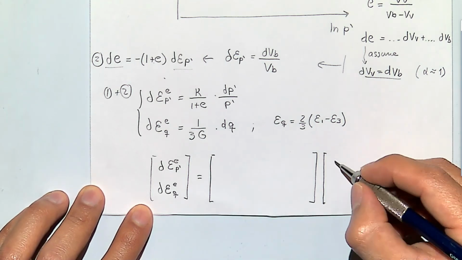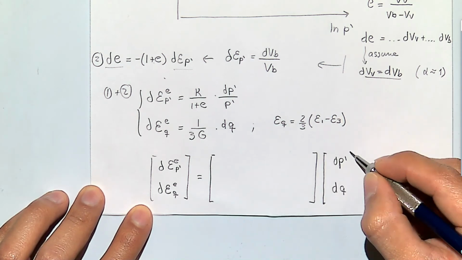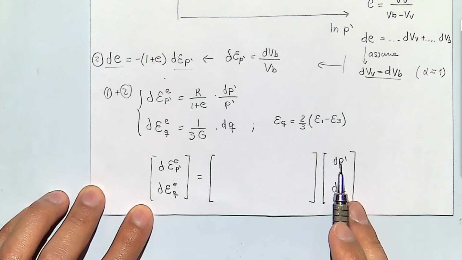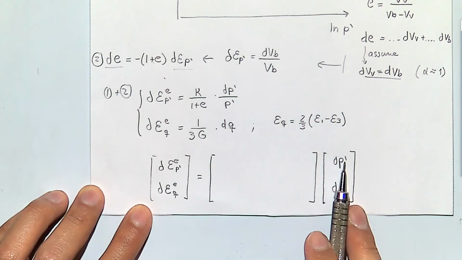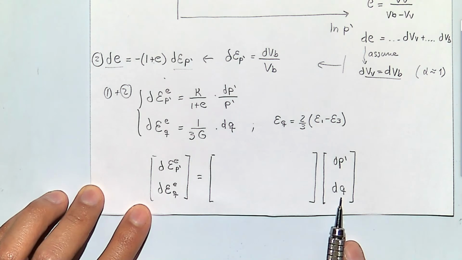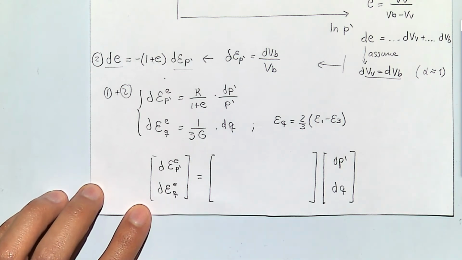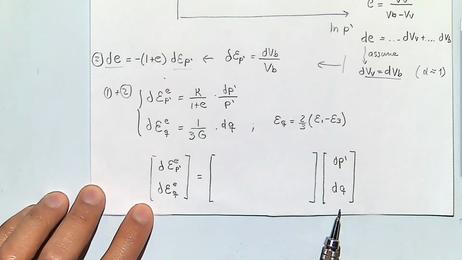No, right? And the opposite is also true. A change of mean stress does not cause a deviatoric strain. So you said, does a deviatoric stress change volumetric strain?